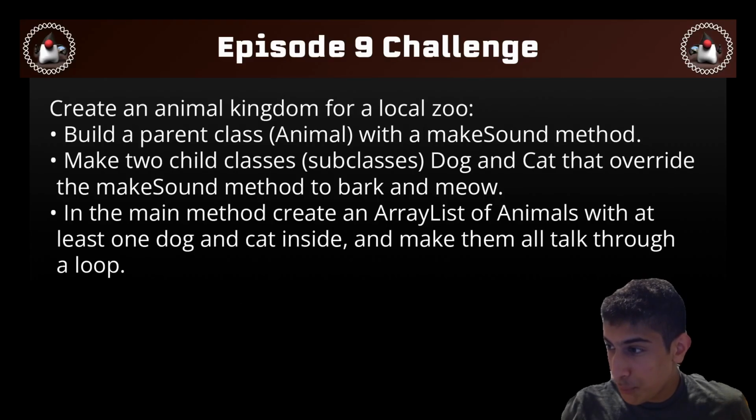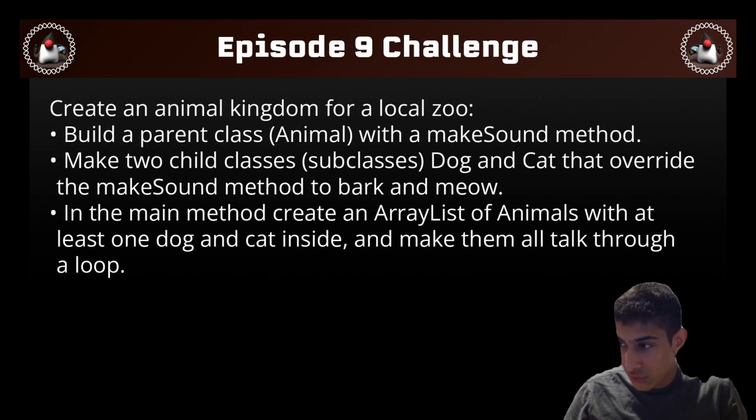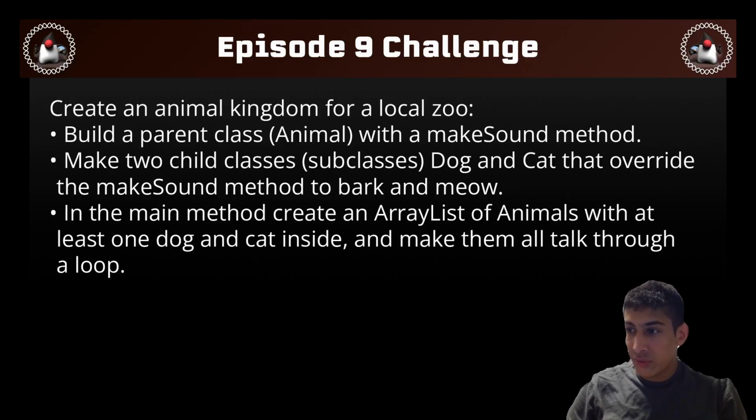So now let's cap off this episode with a final challenge that summarizes everything we've learned. So for this challenge, what you want to do is similar to what we did in this episode. So firstly, you want to create a parent class called Animal with a makeSound method that will override into child classes or subclasses called Dog and Cat.